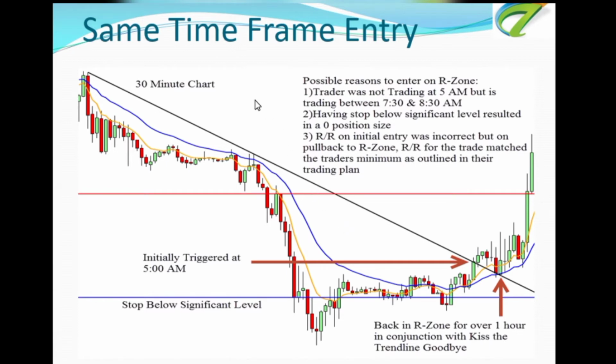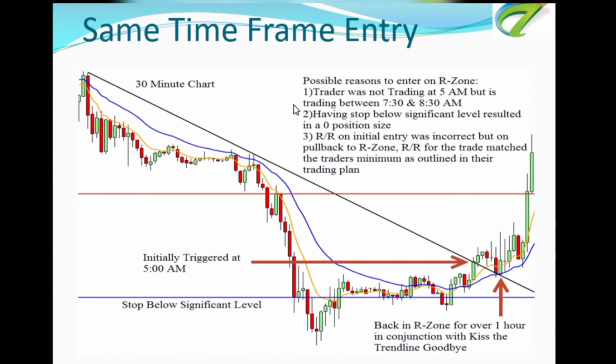It's a combination of multiple strategies here. We can see this is the combination of two. This yellow EMA is the 8 EMA, and this is the 21 EMA. So, multiple concepts and possible reasons.